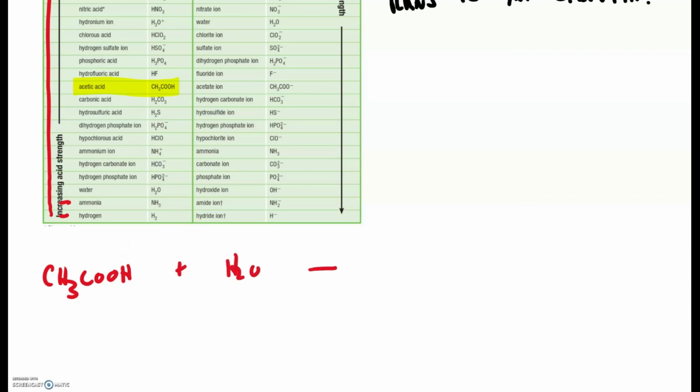And in solution with water, what happens? Well, if it were to run in the forward direction, it would lose that proton and give it to water to make H3O plus, also called the hydronium ion. And that means that if it were to run in the forward direction, this is the acid and this is the base.